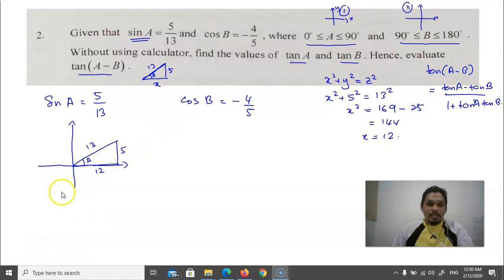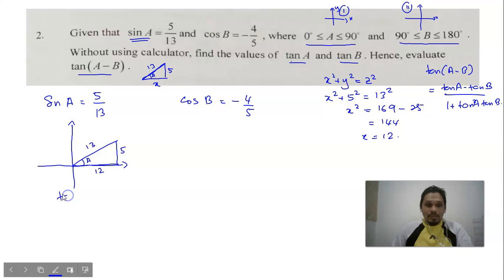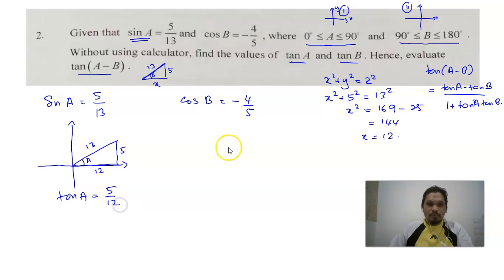Now let's list down tangent for both A and B. So tangent A equal to, okay, tangent is opposite divided by adjacent, which is 5/12.